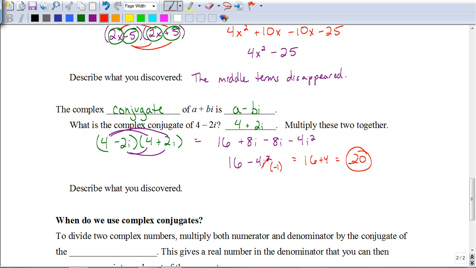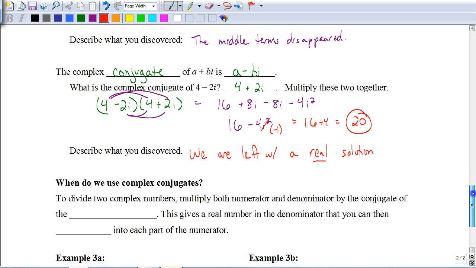So here, when I took 4 minus 2i times 4 plus 2i, not only did the middle terms disappear, but we're left with only a real solution. We don't have any imaginary or non-real numbers left in our answer. So when we multiply a complex number by its conjugate, we are left with a real solution.